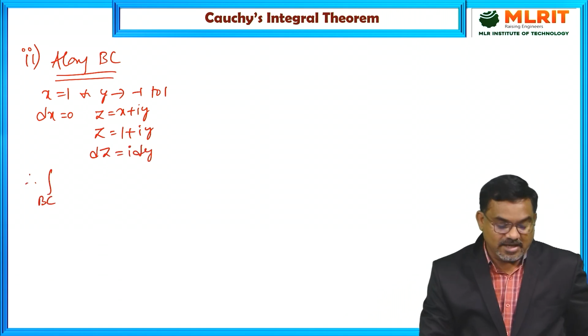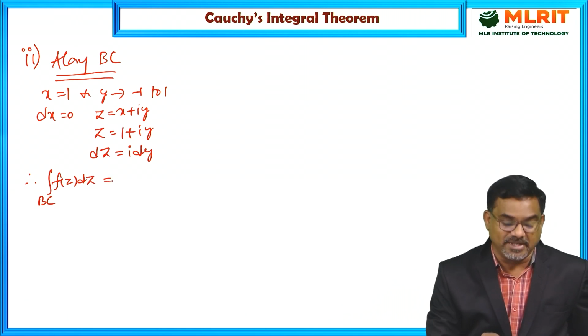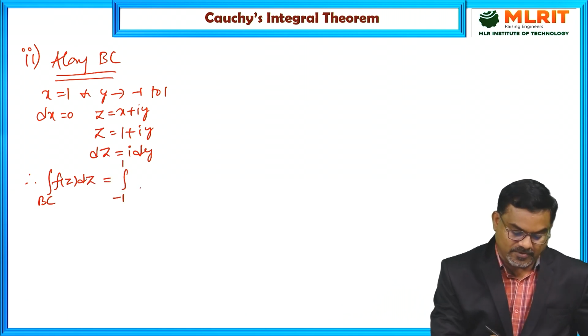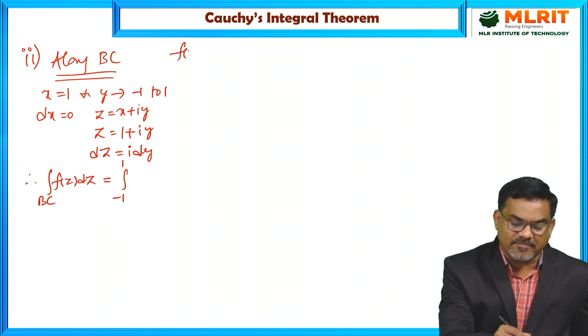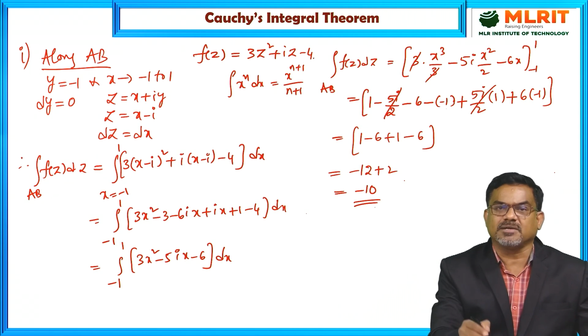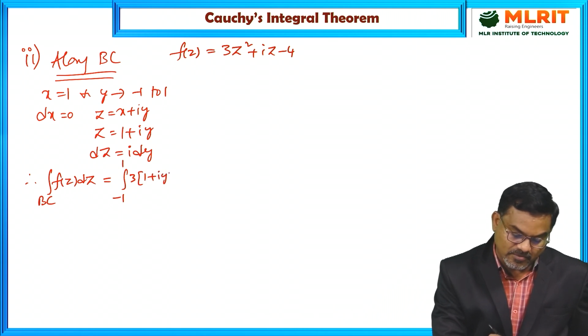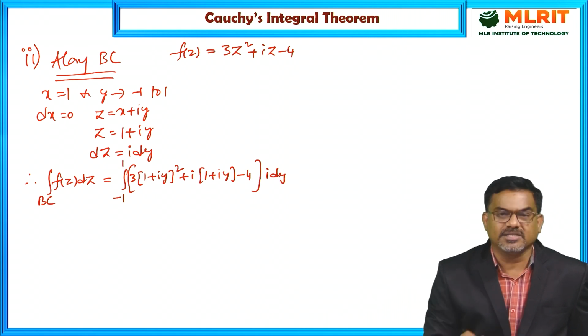So therefore, along BC, the line integral of f of z is from minus 1 to plus 1. Now what is f of z? 3z square plus iz minus 4. So let us calculate this first. 3 into z square, 1 plus iy whole square, plus i into 1 plus iy, minus 4, and dz is i dy.